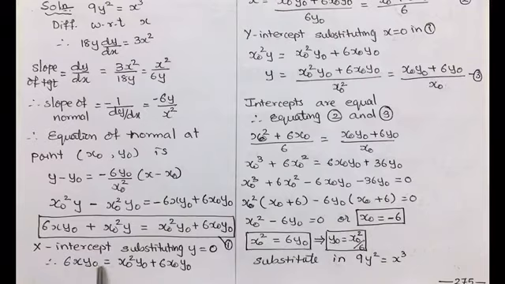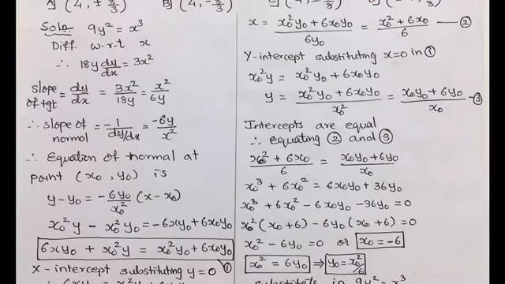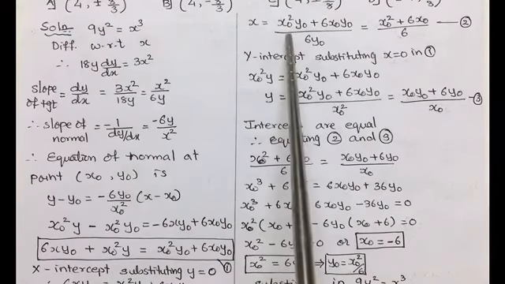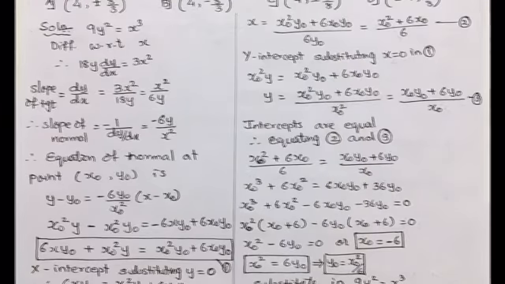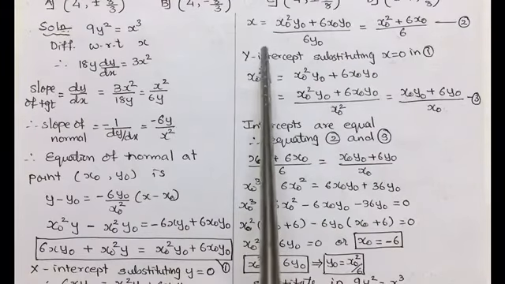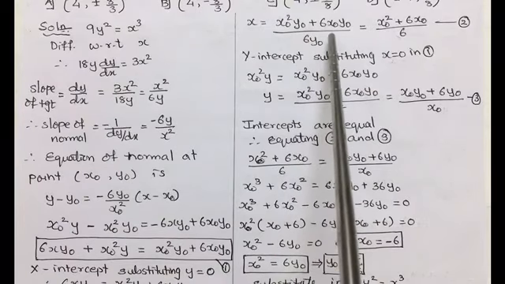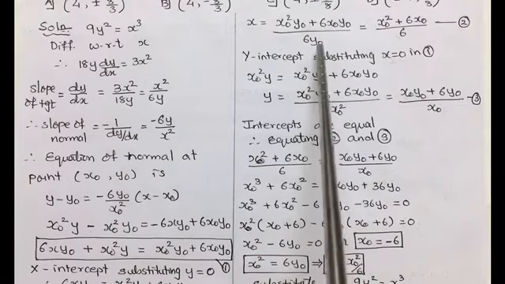Shifting 6y0 to the other side, x becomes x0 square y0 plus 6x0 y0 divided by 6y0.